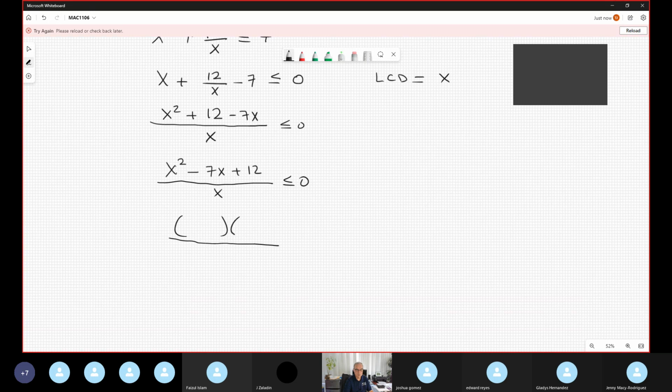We do parentheses. The variable is x, and the combination that can open the door is obviously 4 and 3. So 4 times 3 is 12, and negative 4 minus 3 is negative 7, negative on both sides, correct?